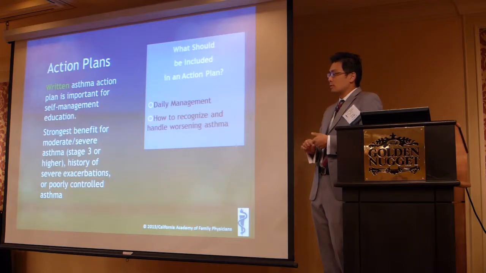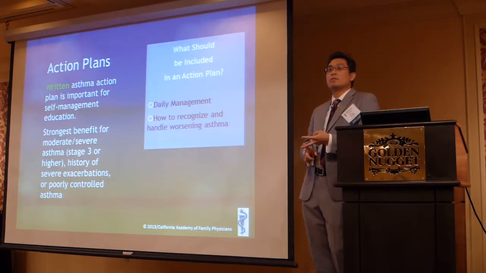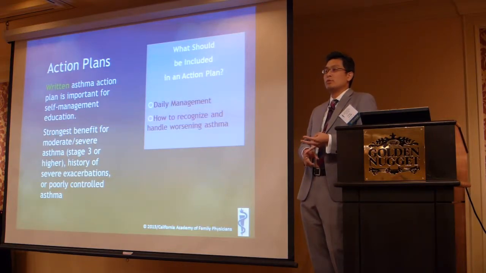Why is this? Written asthma action plans have been shown to decrease hospitalizations, decrease ER visits, reduce symptoms, improve quality of life, and most shockingly, for patients with severe exacerbations, patients who had a written asthma action plan were 70% less likely to die from a severe asthma attack.